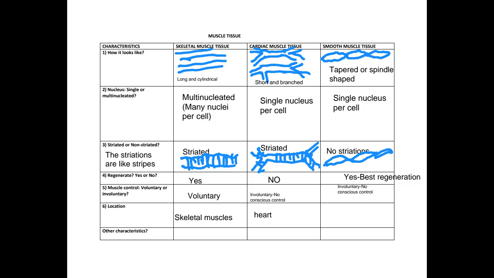Those will have a simple columnar epithelial tissue, but they'll also have smooth muscle on there. What are the functions of these tissues?